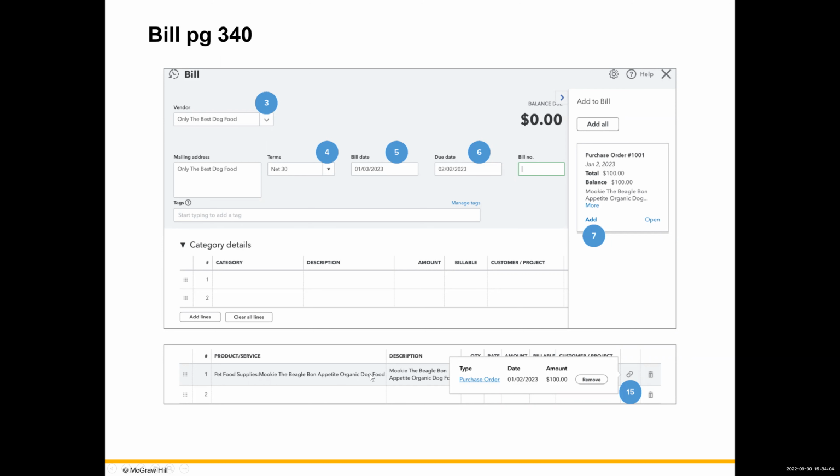So that's all you have to do. And if you want to see more, like what this purchase order is or what's a source document, you can use this button here and actually drill down to see the actual purchase order. Okay, in this case, it's for $100, and that's the only one we want.